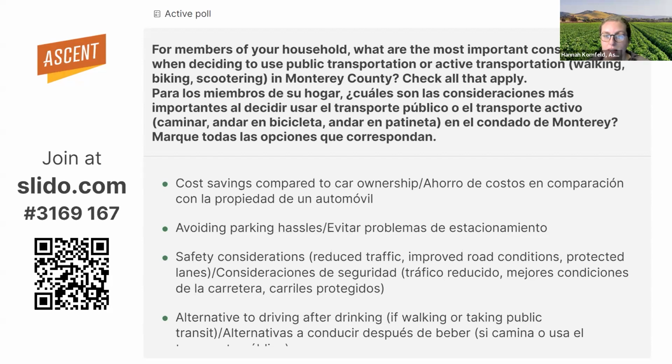And again, we ask that you check anything that would apply to you or your household. If you did close your browser, it's okay. You can join the poll at any time using the QR code or going to slido.com and entering the number.